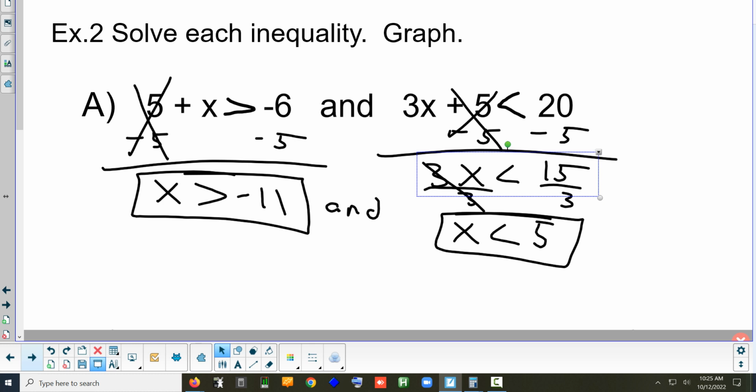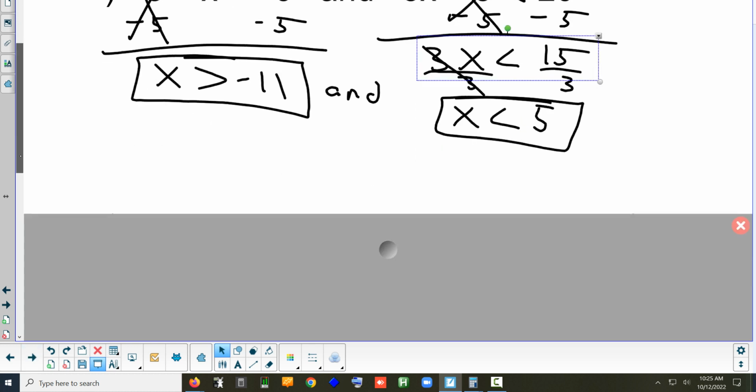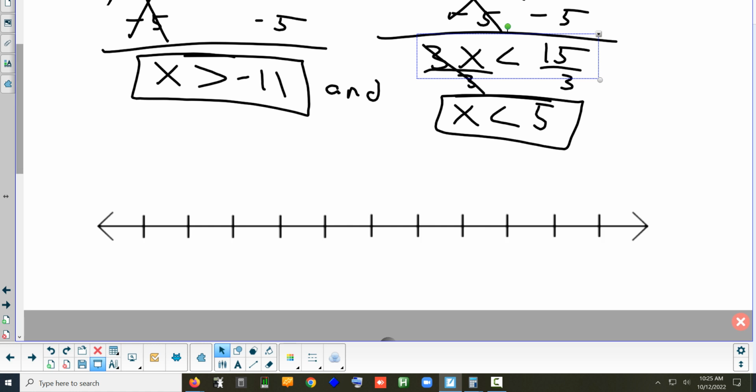Okay. So now we have something we can graph. I'm going to just go by 5s, because this is kind of a big range between those 2 numbers. So I just numbered by 5s. What kind of circle do we need on negative 11?